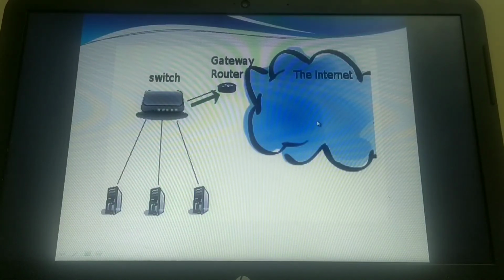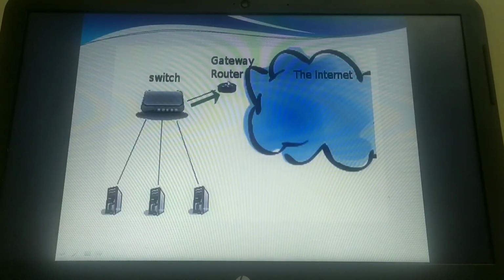When I was discussing the router, we discussed that a router is a device that helps you connect two networks, but the router also deals with different protocols. The gateway is the next higher level of device apart from the router.